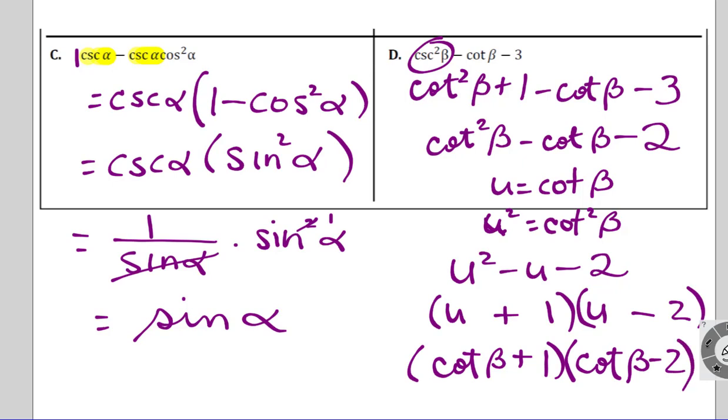That's how that factors. Any questions about that? All right, very good.